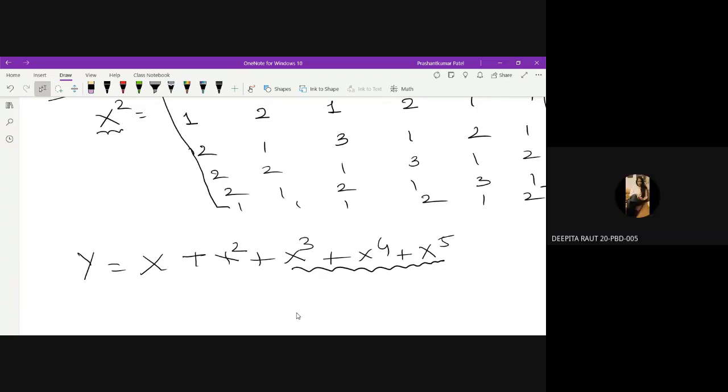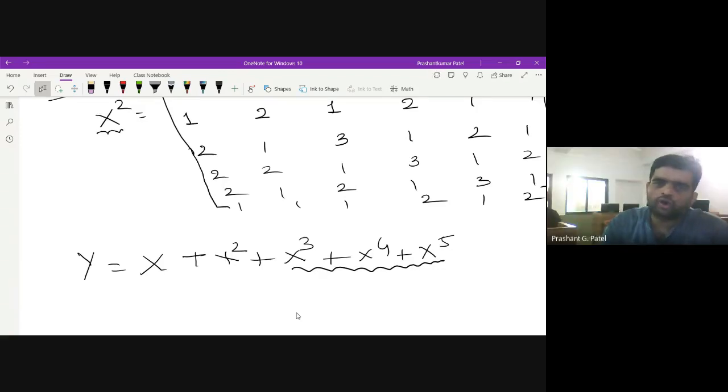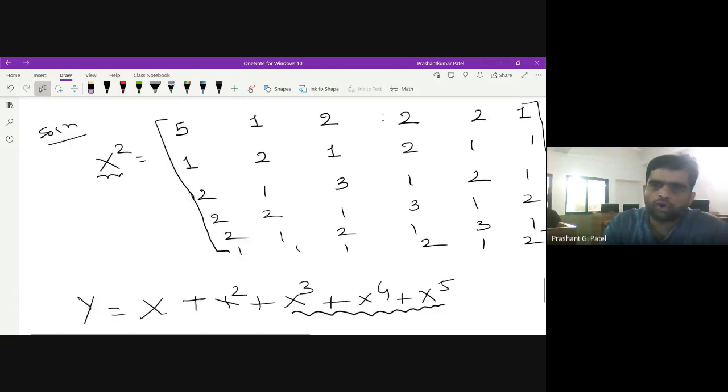No, sir. X square, you can just see that all the entries are non-zero. All of the main diagonal entries are non-zero.